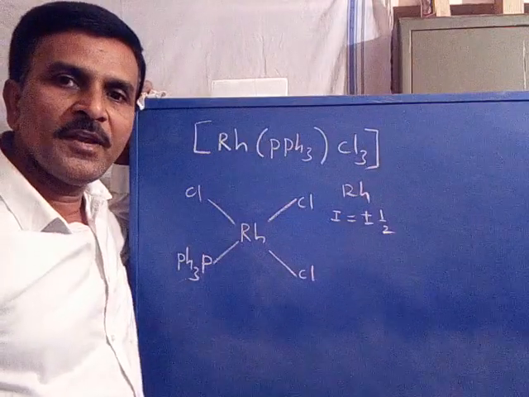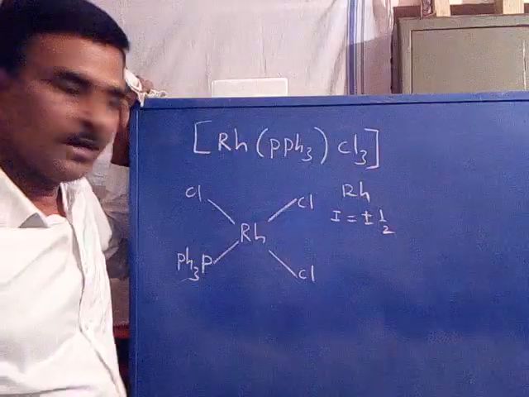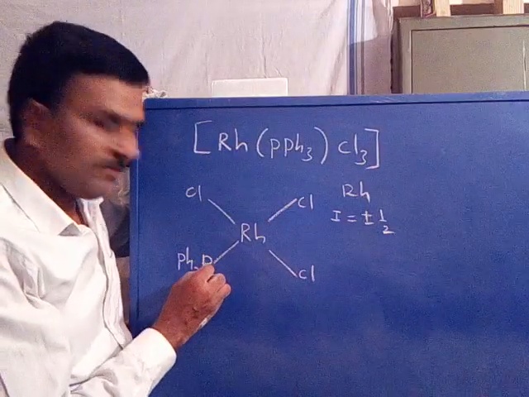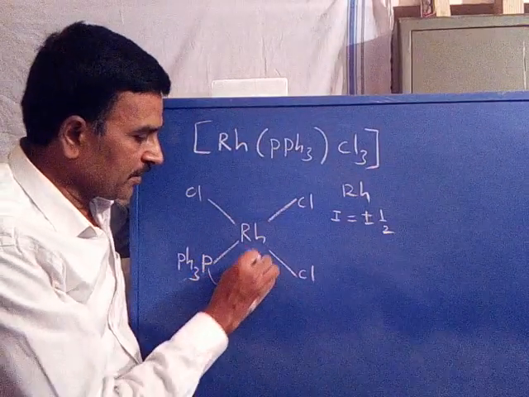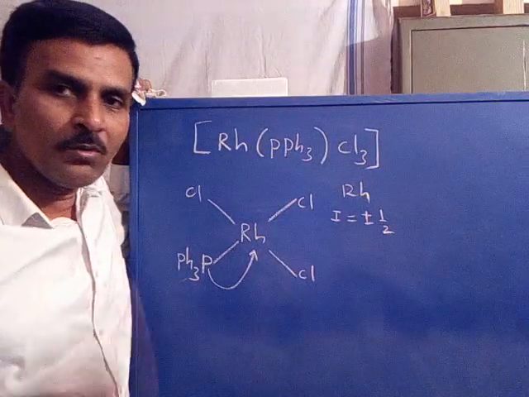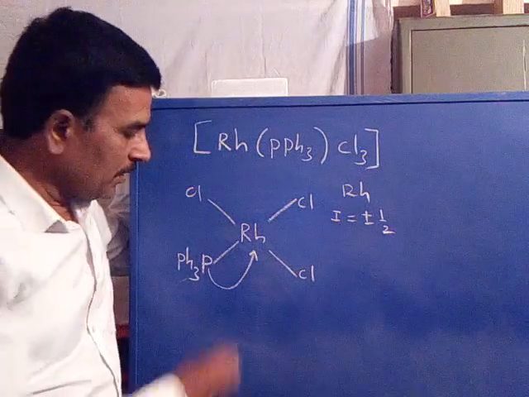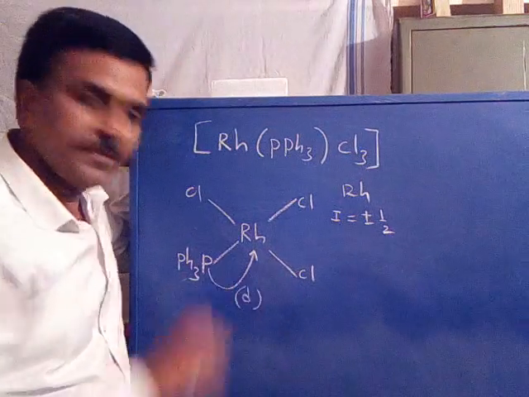So rhodium is spin active because its I value is plus or minus 1/2. Therefore, this phosphorus couples with the rhodium nuclear spin. How many rhodiums are there? Only one. So according to n+1, 1 plus 1, it appears as a doublet.